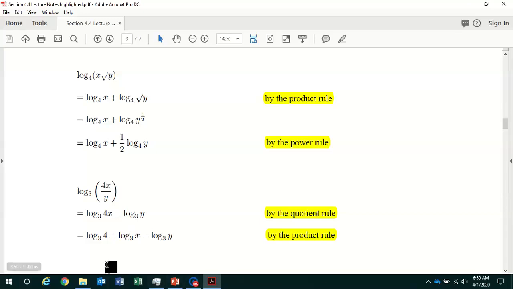So using the product rule, we can write that as log base 3 of 4 plus log base 3 of x. And then we subtract log base 3 of y. So the log of this quotient up here is equivalent to this sum and difference of logs down here.